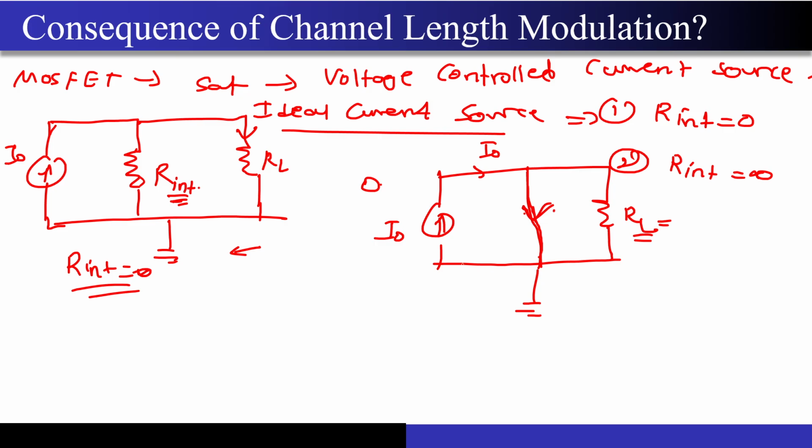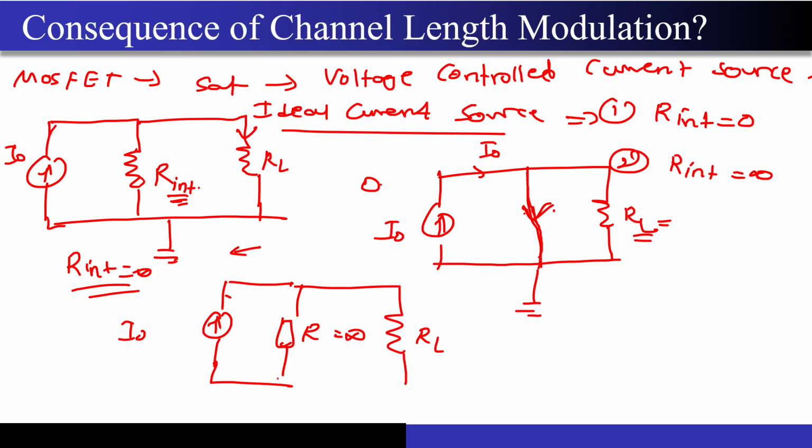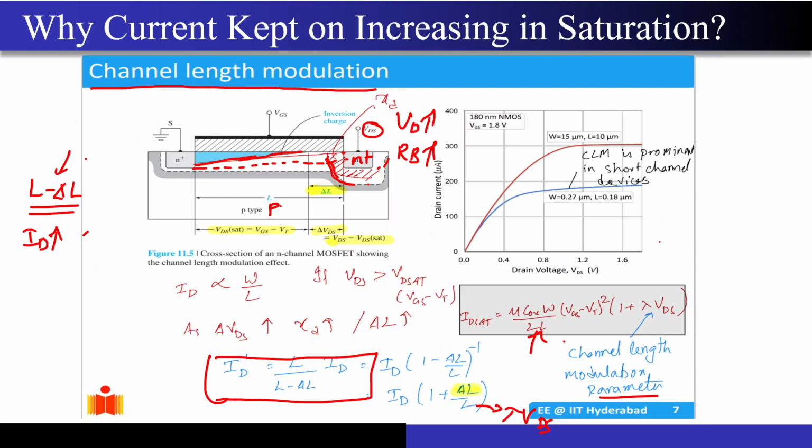Now what are the consequences of the channel length modulation? My MOSFET was acting as an ideal current source, which had infinite internal resistance so that all the current would be delivered to the load. Now what is the consequence that has happened? Because I have my ID increasing with respect to VDS, ID is also a function of VDS now, correct?